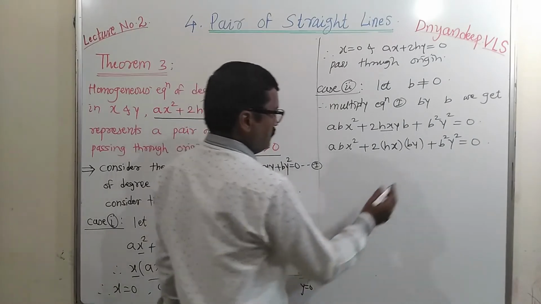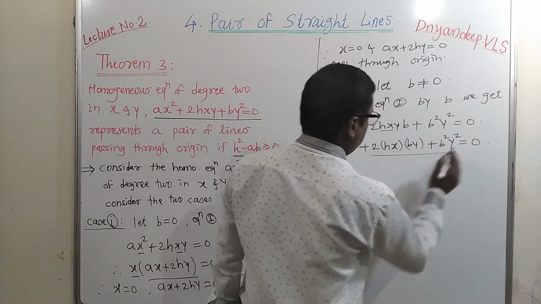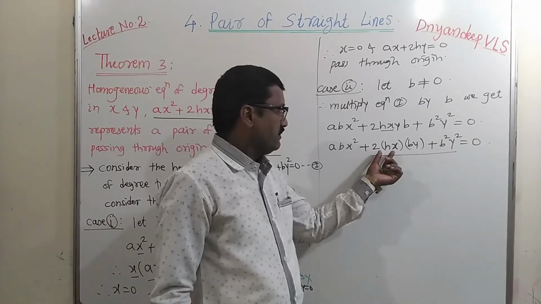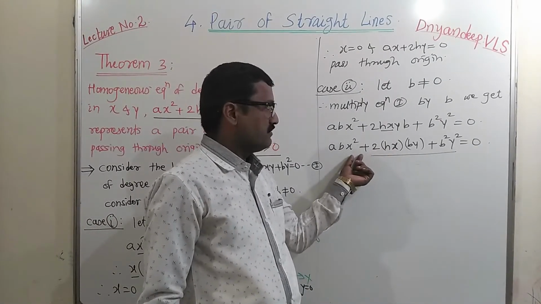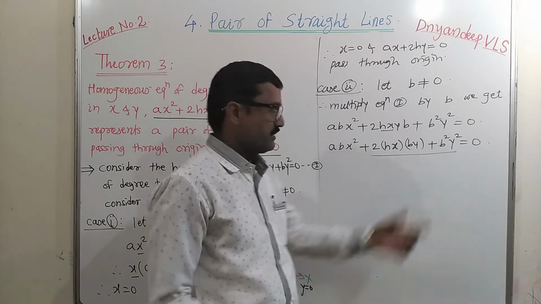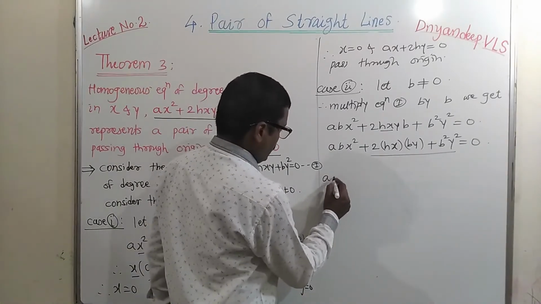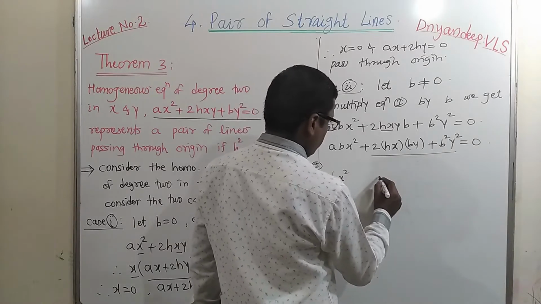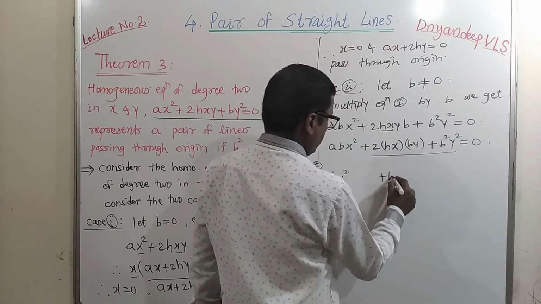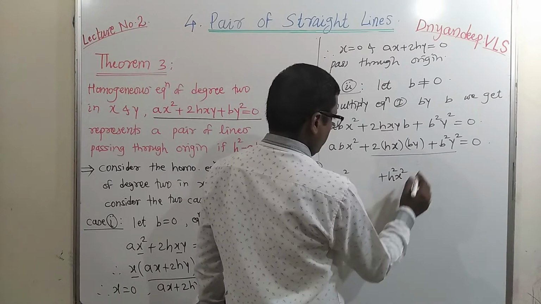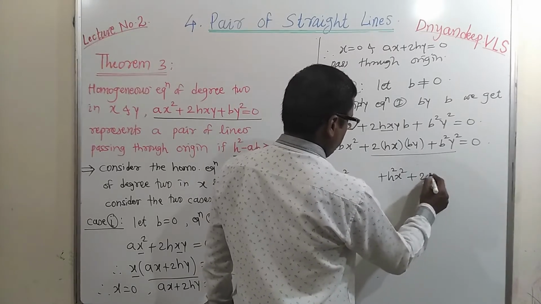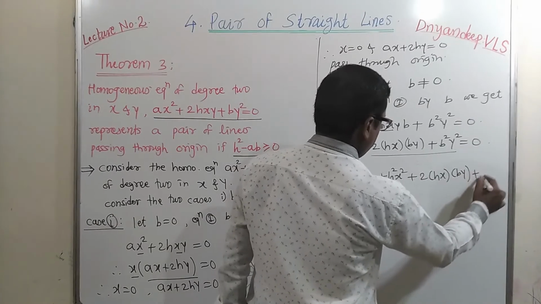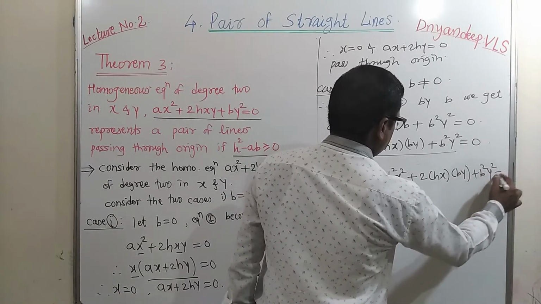Now if you observe these two terms, if on the left hand side there will be x square, then this will become a complete square. Means abx square. For this term, if we add here h square x square, then this will be twice hx into by plus b square y square equal to 0.